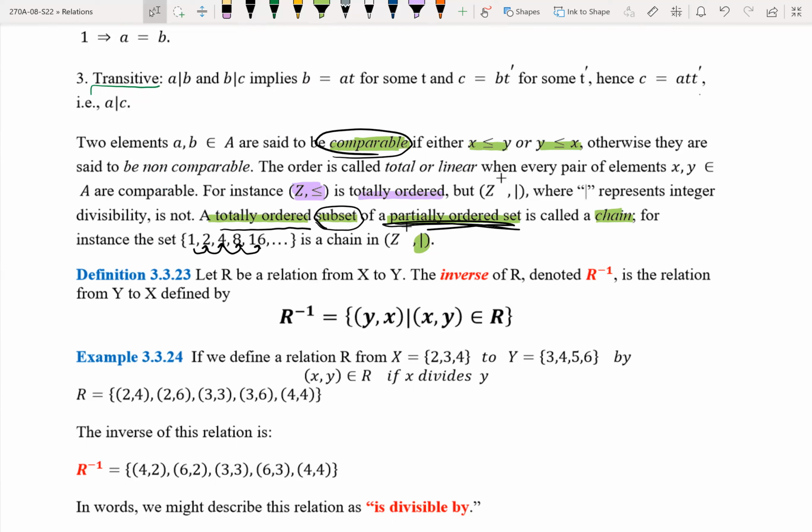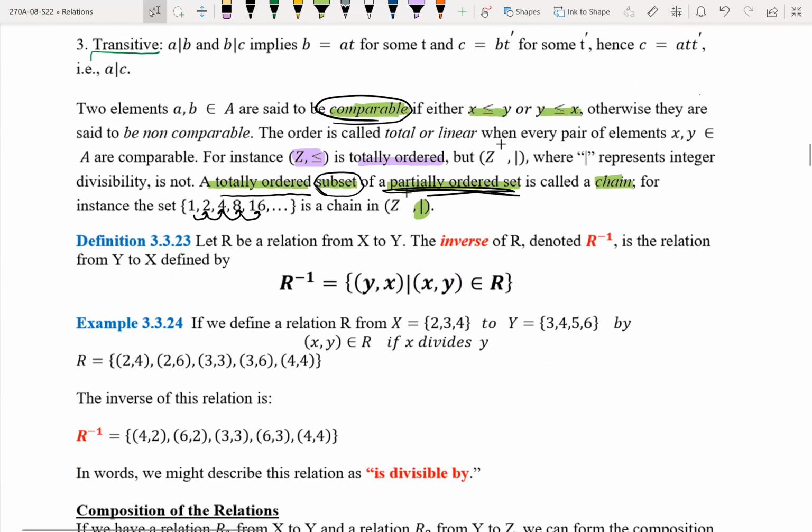Okay, so this is one thing that we can find in the book. Do I have any example here?